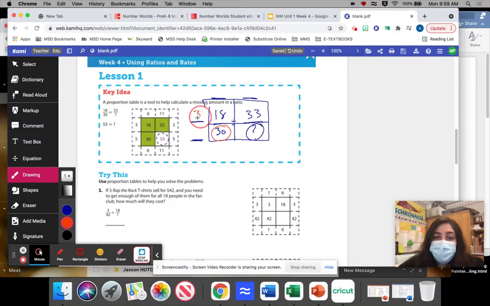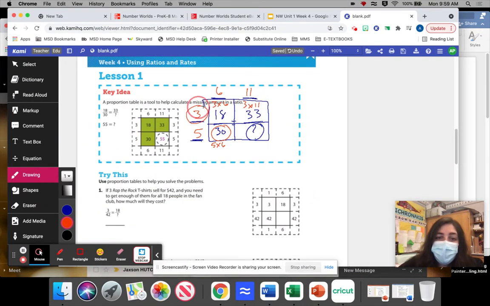So for example, 3 times 6, you could multiply to get 18. And 3 times 11 would also give us 33. 6 times 5 would give us 30. So right here, I was able to find all the numbers that multiply to get these numbers. 3 times 6, 5 times 6, 3 times 11.